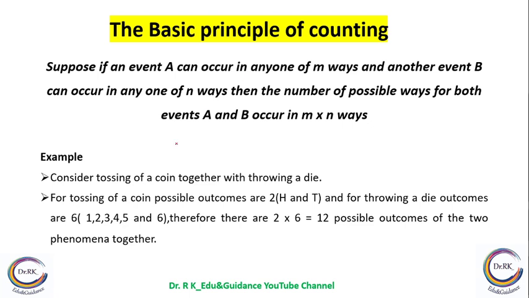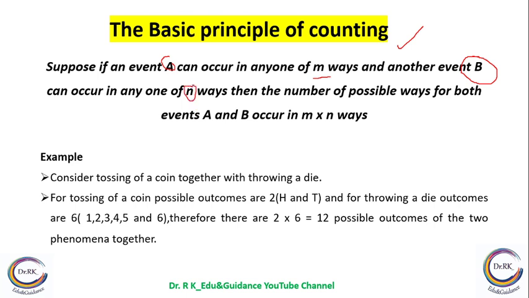To begin with, this is the simple rule, the basic principle of counting, which we are going to use regularly, and we are already familiar with this rule. Suppose any event A happens in m ways or m types, and another event B happens in any one of n ways.